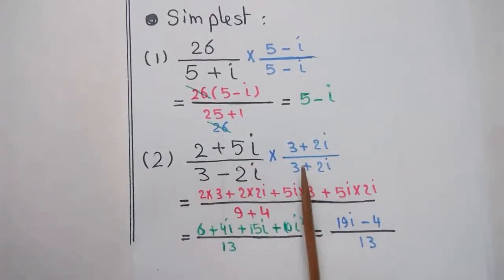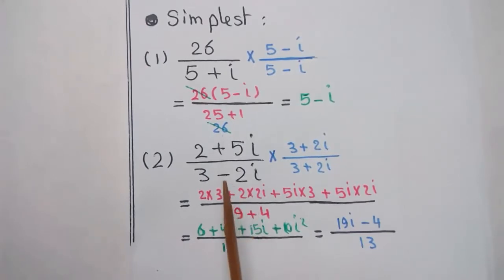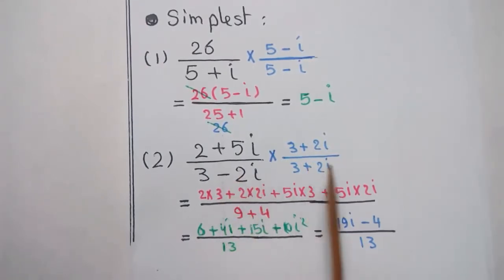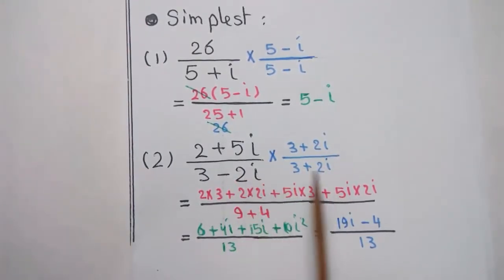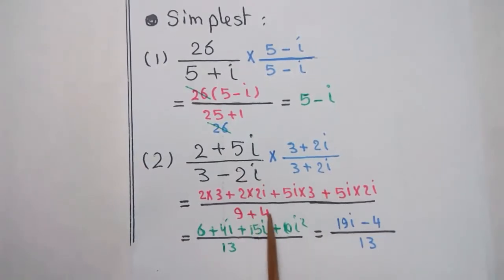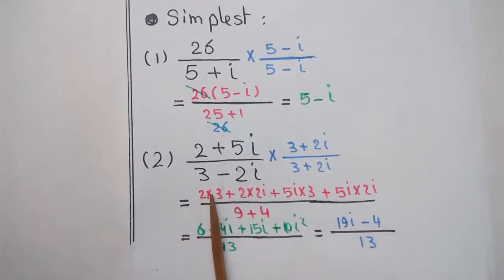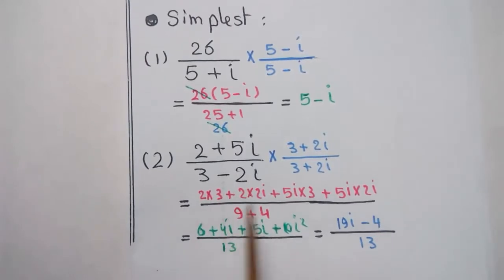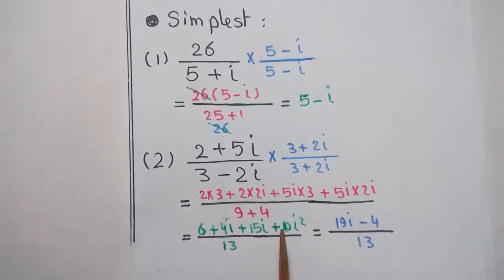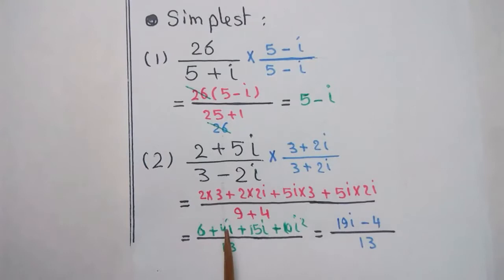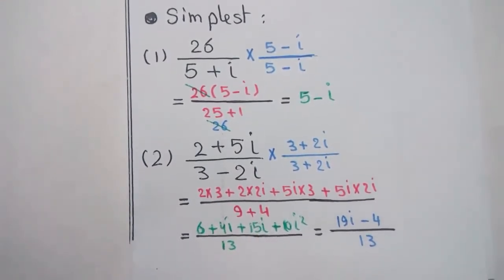Conjugate: 3 times 3 is 9, 2i times 2i is 4i power 2, plus 4. 6, 4i, 15i, 10i power 2. i power 2 will be changed to negative: 6 minus 8 minus 10 equals negative 4. 4 plus 15 equals 19i over 13.